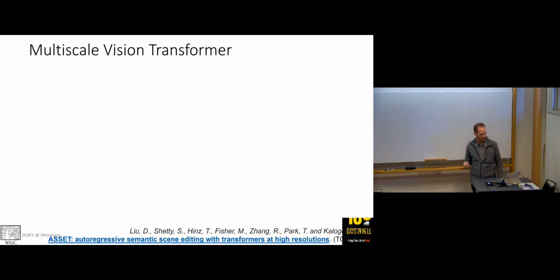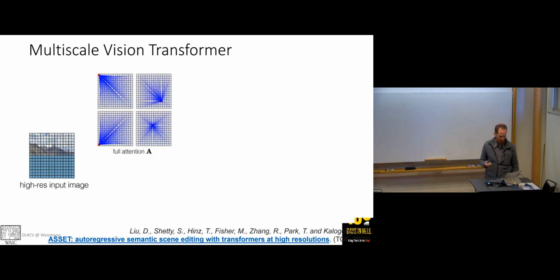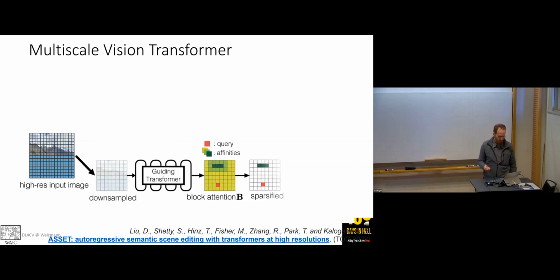There are also other ways we can tackle this problem of dense predictions. There's work on multi-scale attention. For instance, if we have a high resolution input image, computing full attention is prohibitive. But what we can do is have a low resolution image, process it, and look at the attention of the low resolution image.